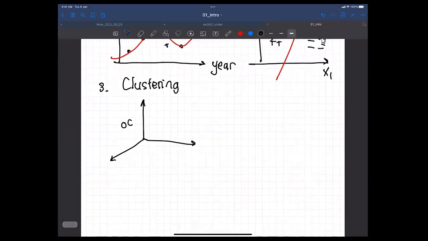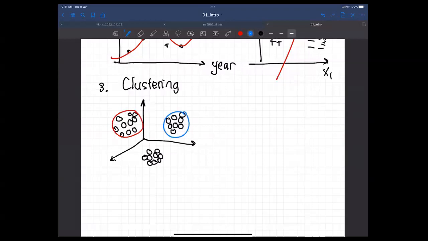It means that you have data samples here and another data sample here. The task of your clustering algorithm is to cluster this data. You cluster this into one type of class, this into another type of class, and this into another cluster.